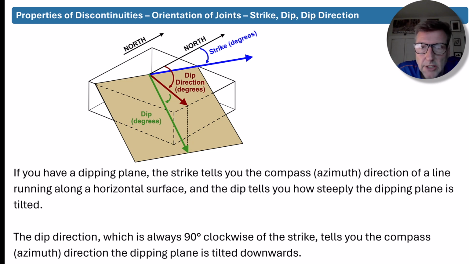The dip direction, which is always 90 degrees clockwise to the strike following the right-hand rule, tells you the azimuth of the direction the dipping plane is tilted downwards. But hold on, we're not done yet. There's one more orientation measurement that we need to understand.